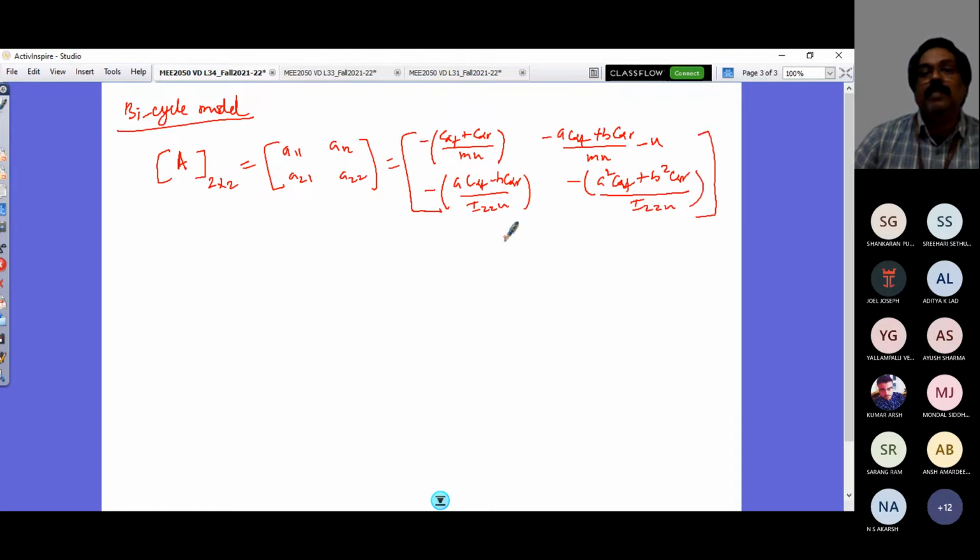So this was our state matrix, right? The state matrix that we have seen.